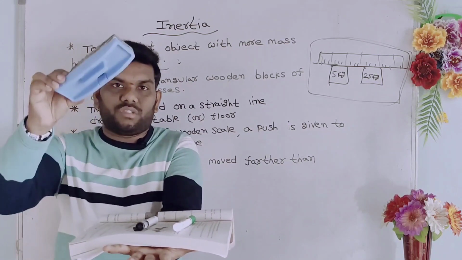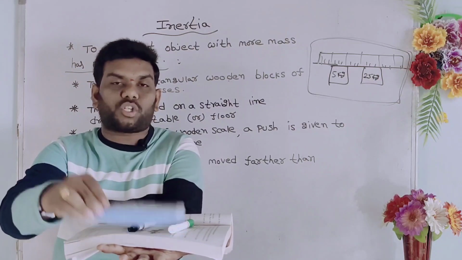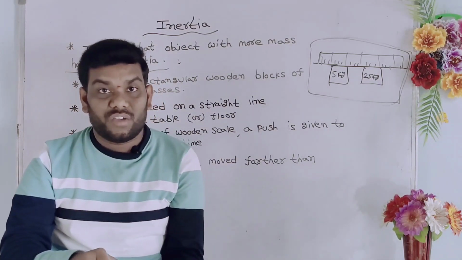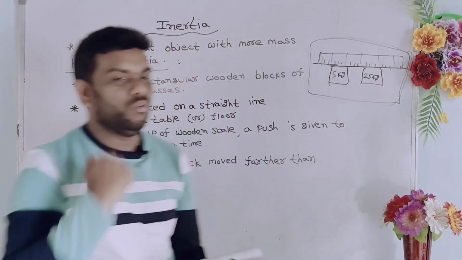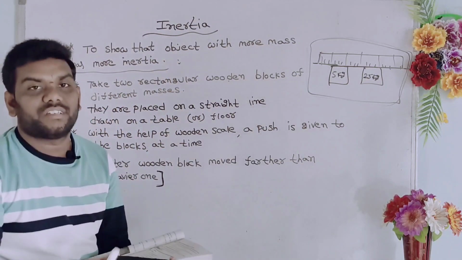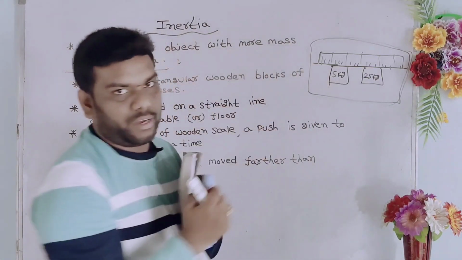Now this is the scale. Push them in a straight line with the wooden scale at a time. Which one moves easily, 5 kg or 25 kg? Yes, 5 kg, because it has lesser mass.